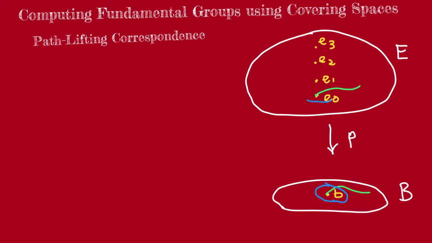What does that mean? That means that the preimage of this neighborhood is going to be a disjoint union of neighborhoods that are homeomorphic to it. So I can look at a small part of this path that lies in this neighborhood, maybe this yellow small part. Then that has a corresponding preimage in this small disk centered at e_0. So I have lifted that small little path.